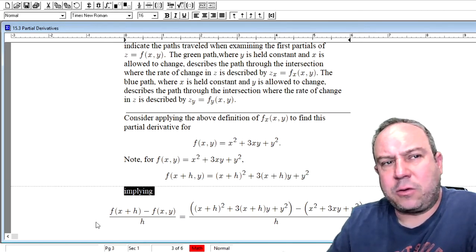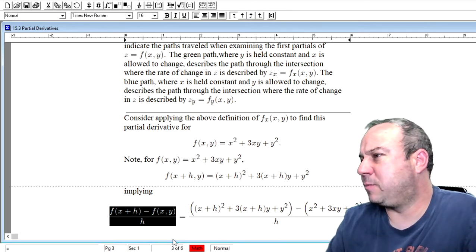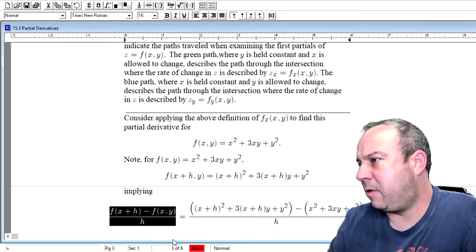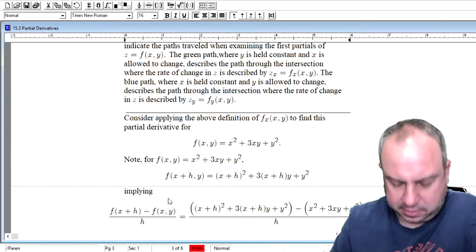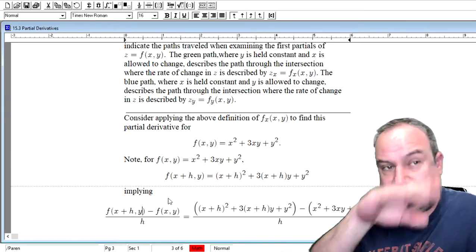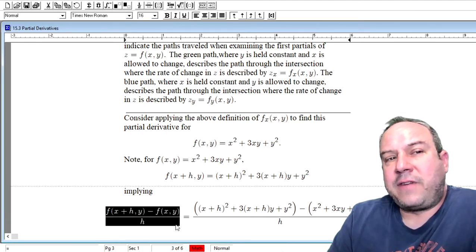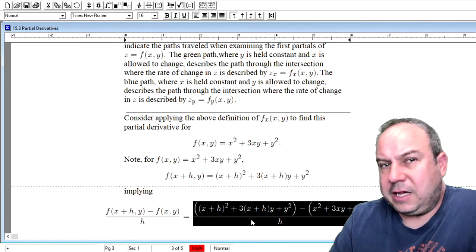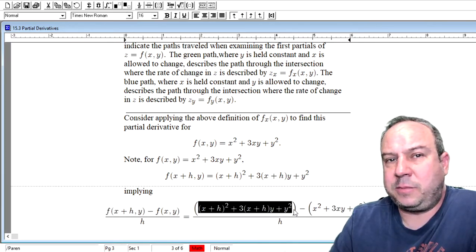And we see that initializing here for the value of f of x plus h comma y. Implying then, if we arrange this into the argument f of x plus h comma y minus f of x comma y, all divided by h, I'm missing my y here, this is going to equal this quantity seen over here. f of x plus h comma y is going to be this quantity.